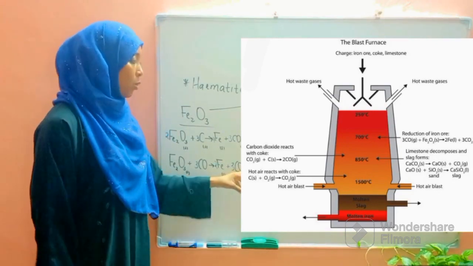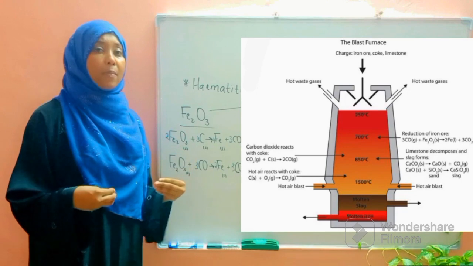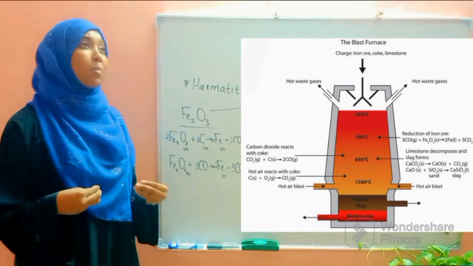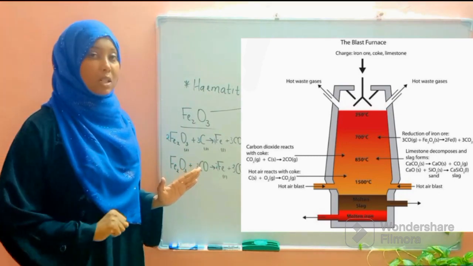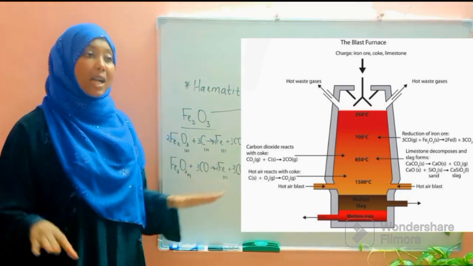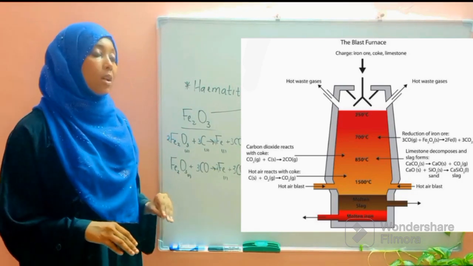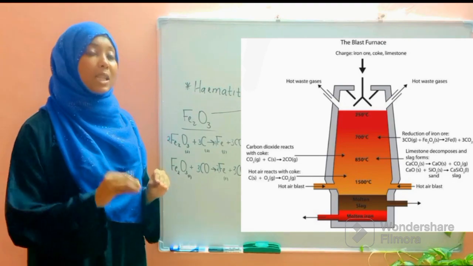Reason number one, at this point, we have openings that let in hot blasts of air. Now, this air is at a temperature that ranges between 800 degrees Celsius to 1000 degrees Celsius. Now, another reason that is responsible for the high temperature is actually the exothermic reaction that occurs at this point.